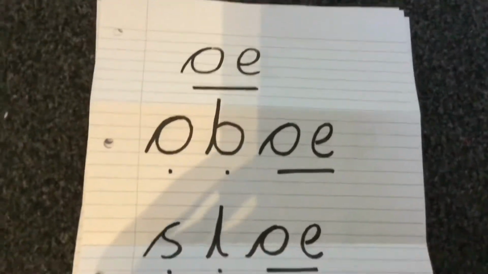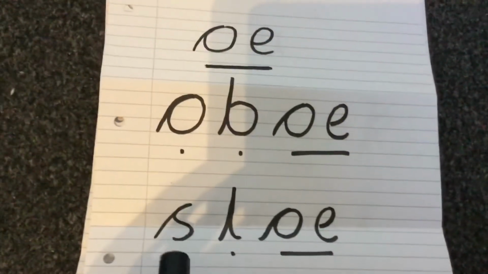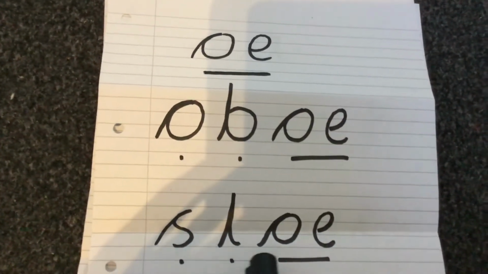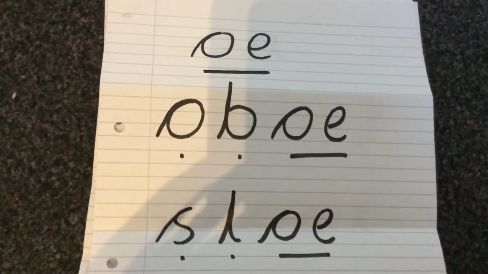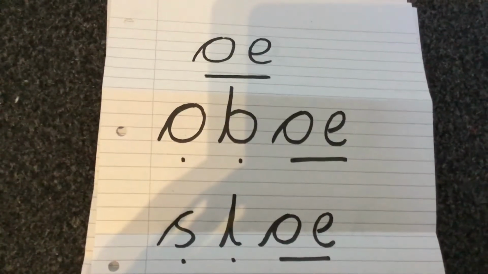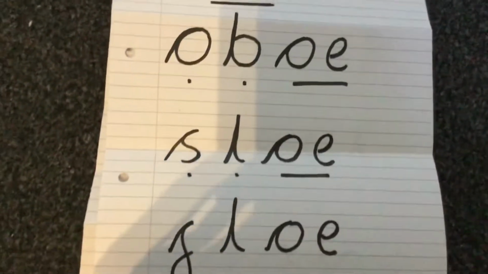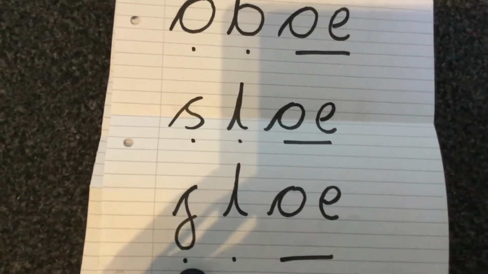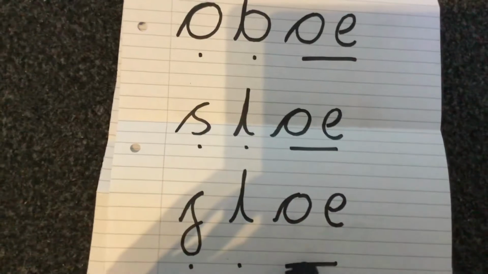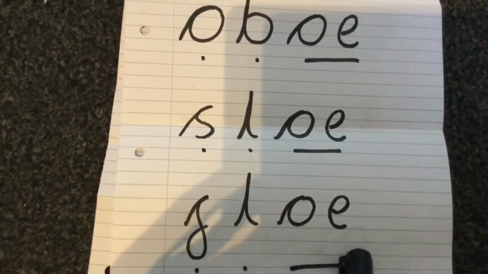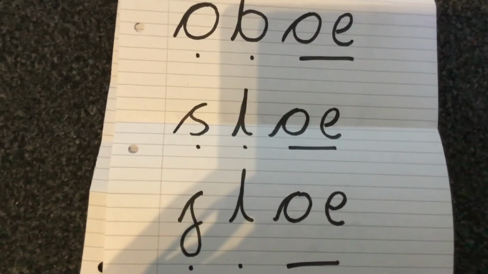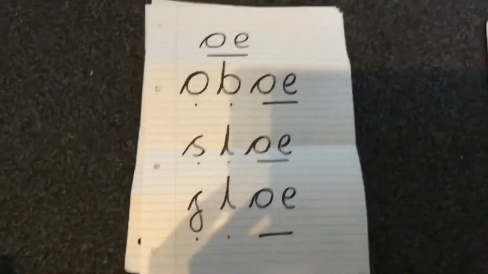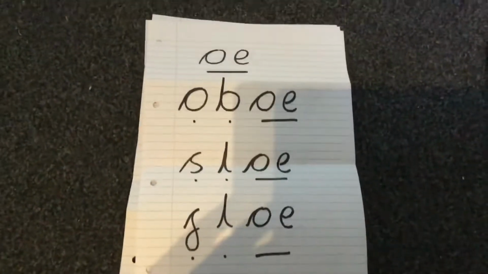And next we have S, O, slow. Well done. And finally, we also see it in F, O, flow. Well done. So that's one of the ways that we're able to use our O sound.